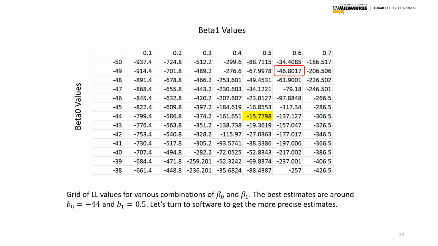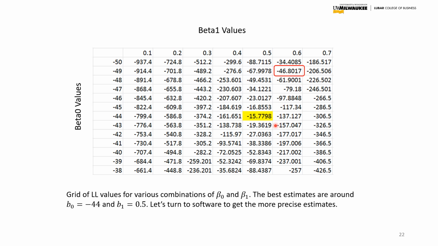Now I rolled up my sleeves and tried various combinations of beta 0 and beta 1 and manually calculated the log likelihood values. We see the combination that we tried out of beta 0 equaling minus 49 and beta 1 equaling 0.6, and here's the log likelihood value we found. Log likelihood values are always going to be negative. We're finding the maximum value based on this grid.